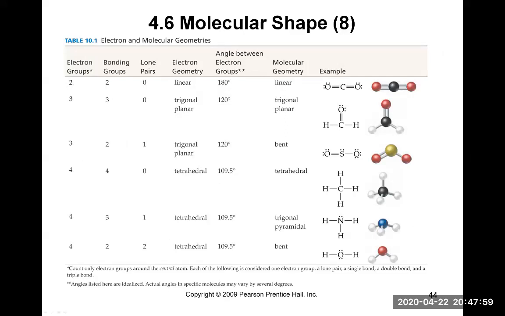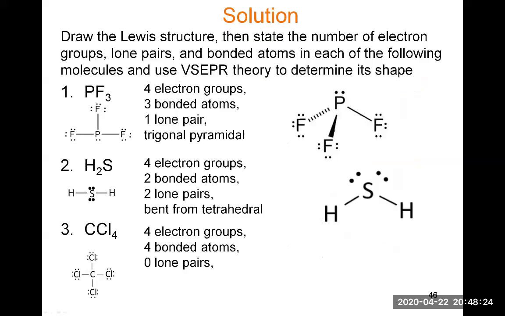Because there are no lone pairs, the electron geometry and the molecular geometry match. So let's go back. We said we have a tetrahedral geometry for CCl4.